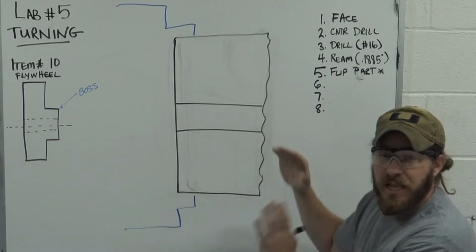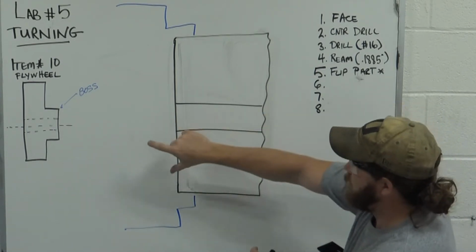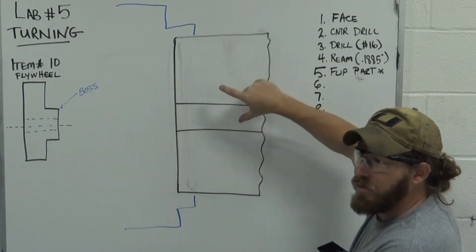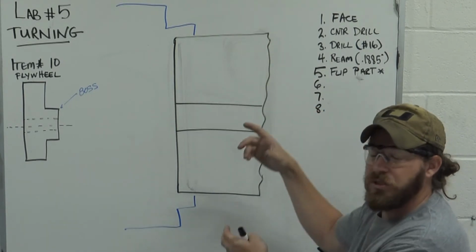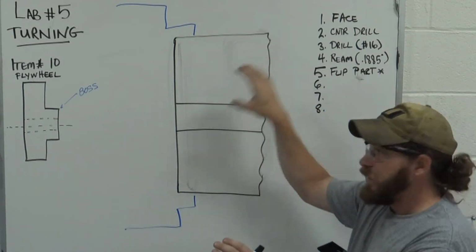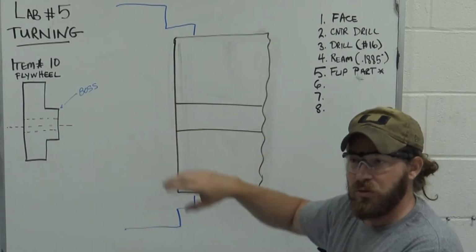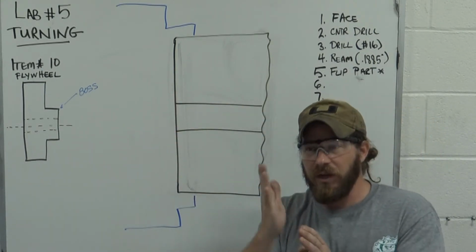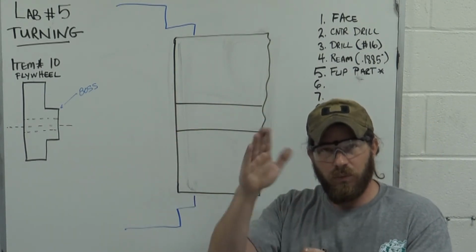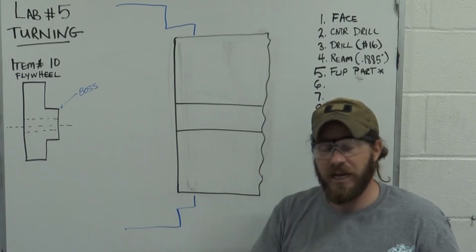All right. Because the last thing we want is this hole to be shooting at some sort of angle. Because once we turn that boss on there and the through hole is at some sort of angle, when we run this flywheel, our flywheel will wobble and shake like this.